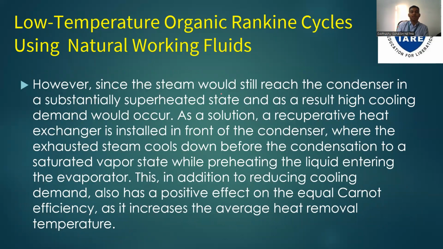However, since the steam would still reach the condenser in a superheated state, a high cooling demand would occur. As a solution, a recuperative heat exchanger is installed in front of the condenser, where the exhausted steam cools down to a saturated vapor state and preheats the liquid entering the boiler. This reduces cooling demand and has a positive effect on the Carnot efficiency by increasing the overall heat removal temperature.